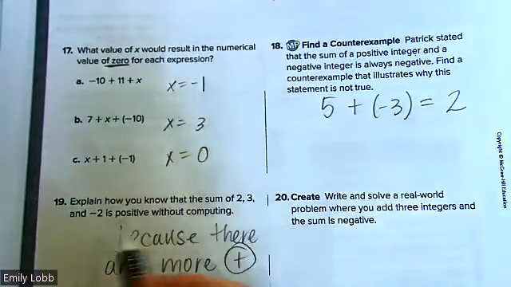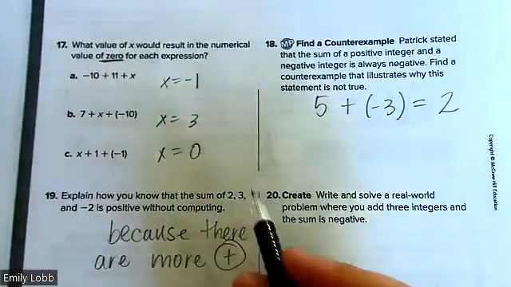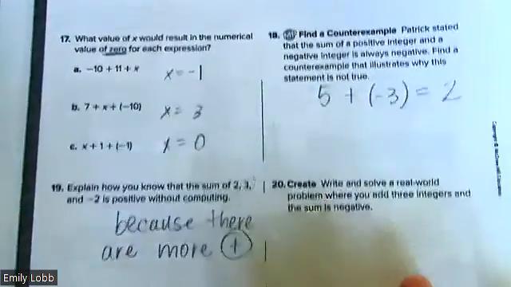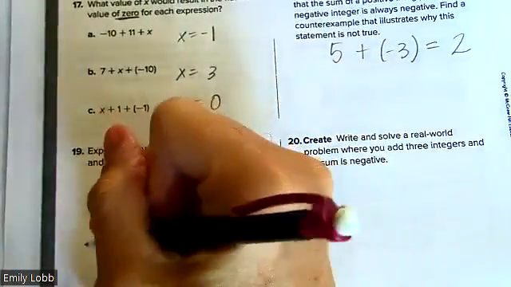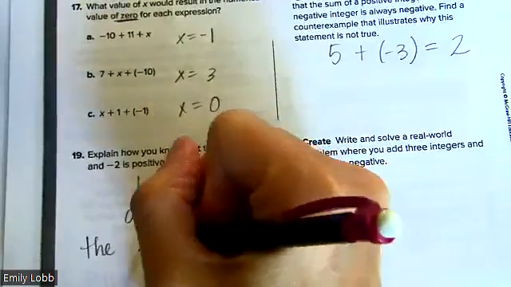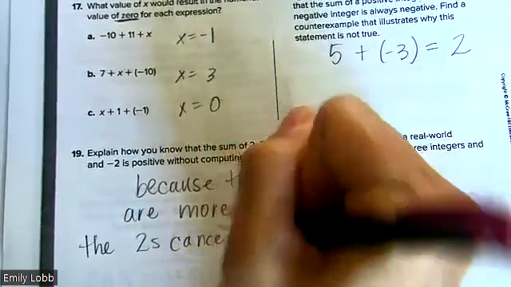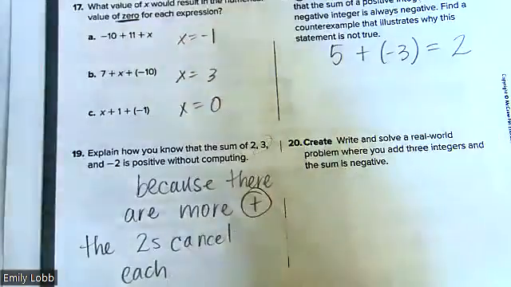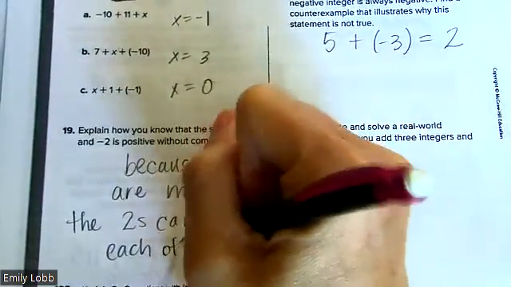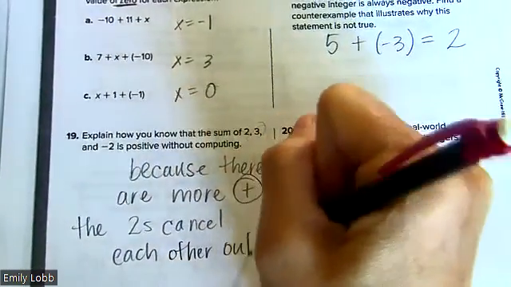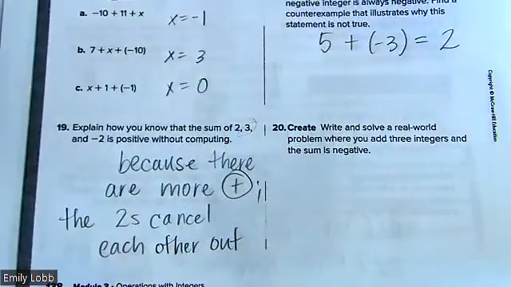So there's more positive, or you know right away 2 minus 2 is 0, or the 2's cancel each other out. Yep, either way you want to think about it.